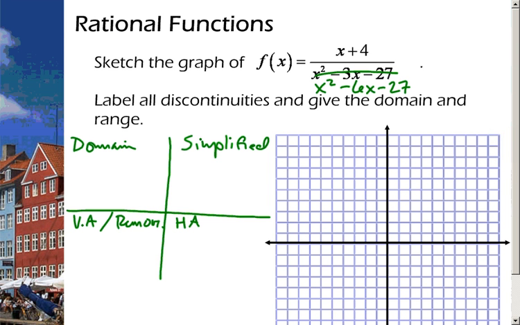All right, before you do that, the simplified version, first of all, we have to factor this. So I've got x plus 4 over the quantity x minus 9, x plus 3. So the simplified version is actually just what we already have. There's nothing that divides out.